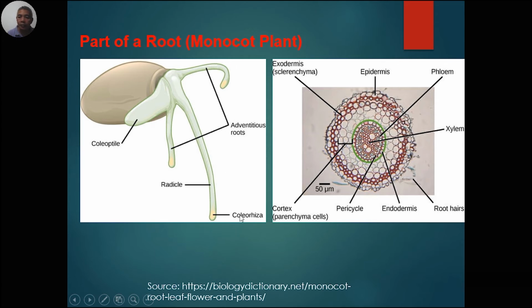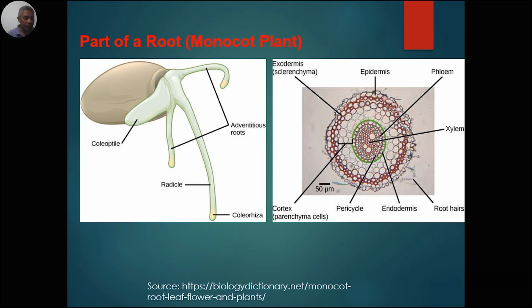And if you cut the monocot root, you can see these different parts. We have the epidermis and the exodermis. The epidermis is actually the outer layer, or the bark, of the root. This one, the epidermis, and we have the exodermis.